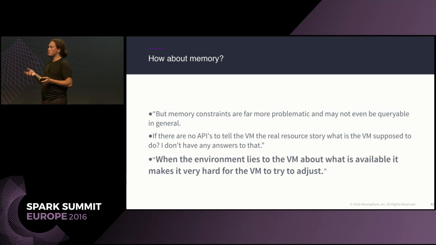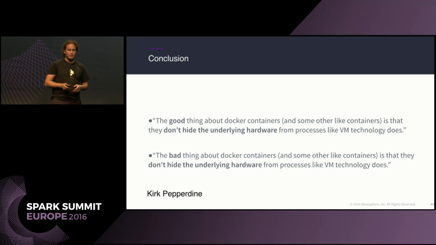Back in those days, Sun had zones and this kind of resource pooling, but they decided not to care too much about it. And these are the drawbacks we're seeing right now. So there's no real API for the JRE to figure out how much memory it's actually allowed to use.